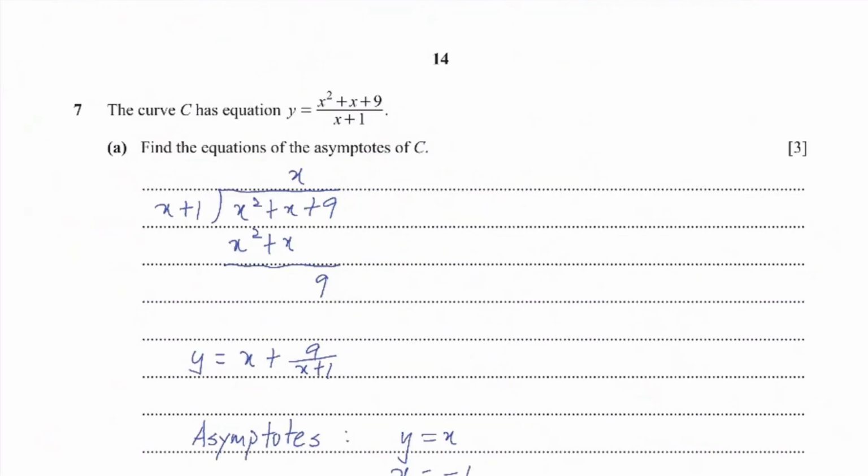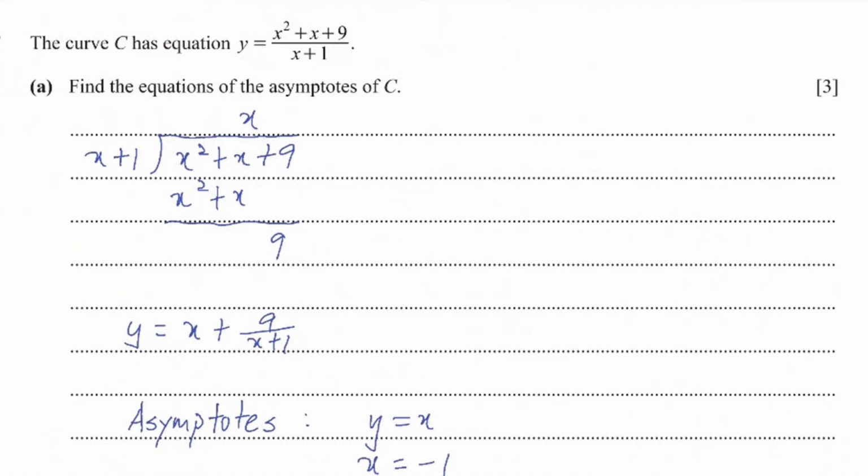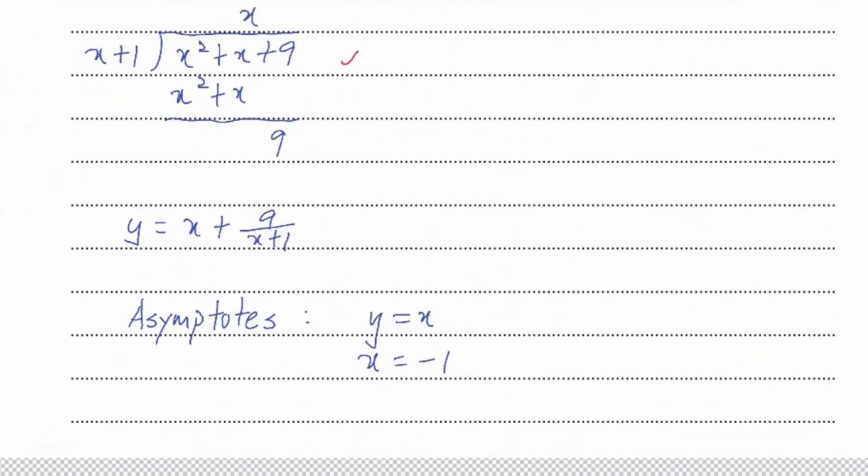The last question here is about rational functions. Part A is also something very typical, where we have to do the long division, because this is an improper fraction. We need to do the long division so that it gives us a nicer idea about the asymptotes.